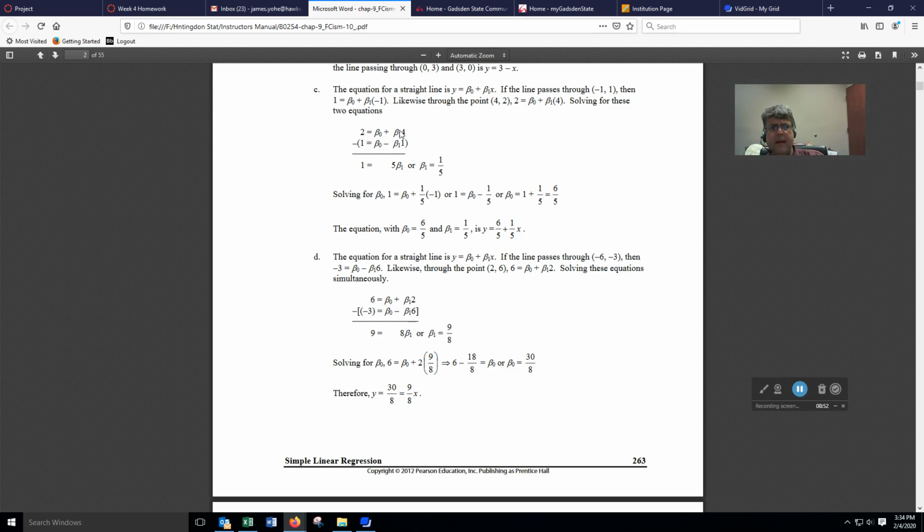I've got beta 1 times 4, okay, minus a negative, right? So we know that turns into a positive. So a positive and a positive, we're adding here. I've got 5 beta 1. So 1 is equal to 5 times beta 1. We divide both sides by 5 to isolate the beta 1, and I get beta 1 equals 1 over 5.